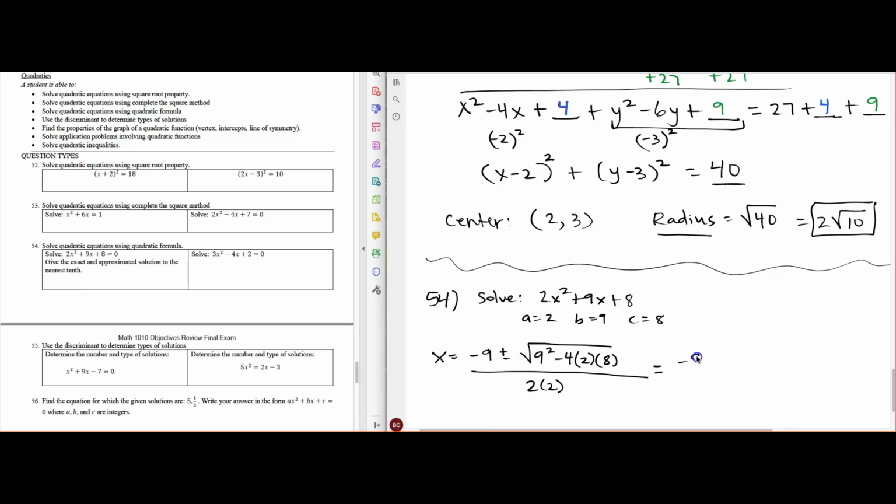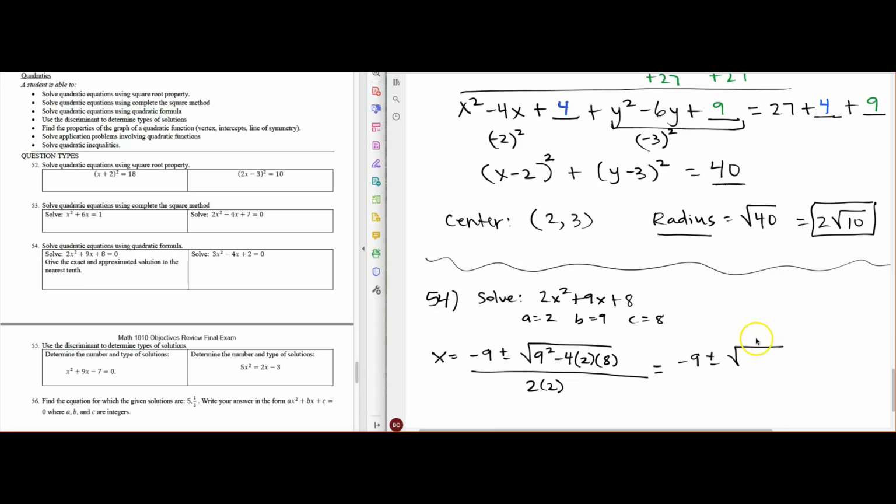Now let's figure out what all that is inside there. 9 squared is 81 minus 8 times 8, which is going to be 64.